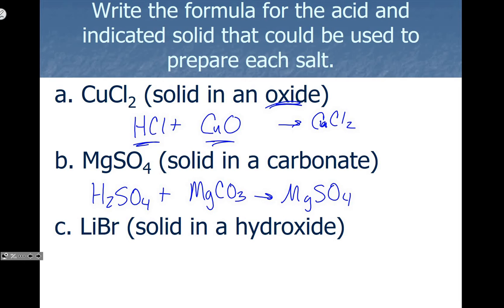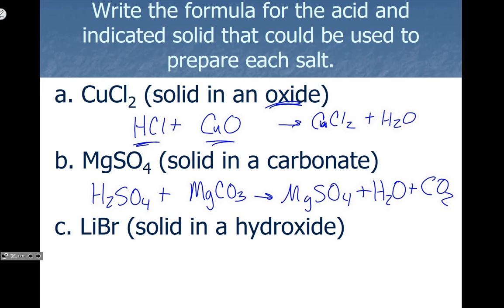What other products am I missing? An acid and a carbonate give me what? It'll give me water and what else? Carbon dioxide. Okay, what about the oxide? What am I going to get with the oxide? This plus just water. Good. So you should be able to finish it, and they're not balanced, but we could go back and balance them.